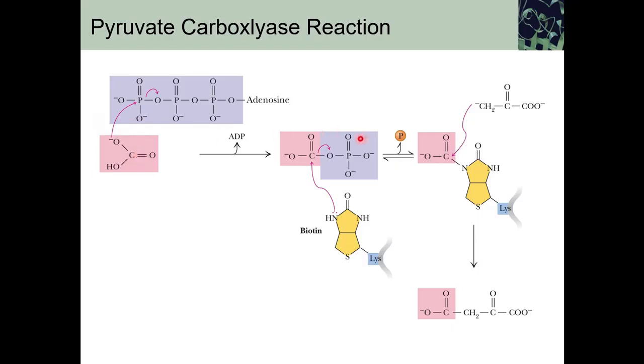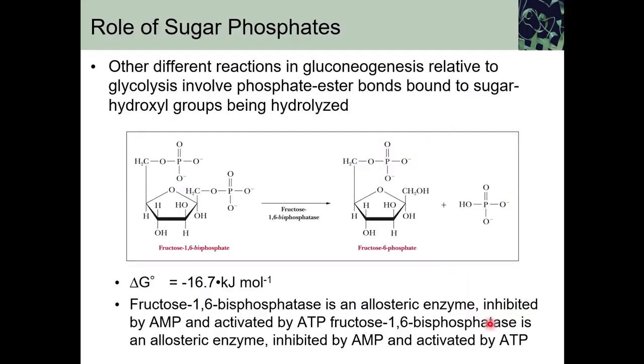Carbonic acid is activated into a carbonic phosphoric anhydride, and that then reacts with biotin, carboxylating the biotin, which reacts with the enolate of pyruvate, and in the process produces oxaloacetate.